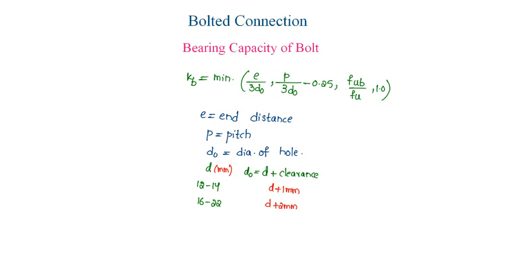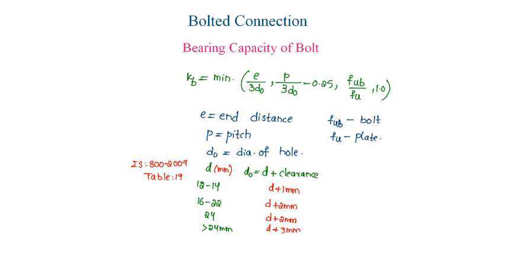And if the nominal diameter is 24 mm, then the clearance is the same 2 mm. Whereas if the nominal diameter is greater than 24 mm, then the clearance is 3 mm. This is specified by IS 800:2007 in Table 19 of the code. And fub is the ultimate tensile strength of bolt, whereas fu is the ultimate tensile strength of plate.